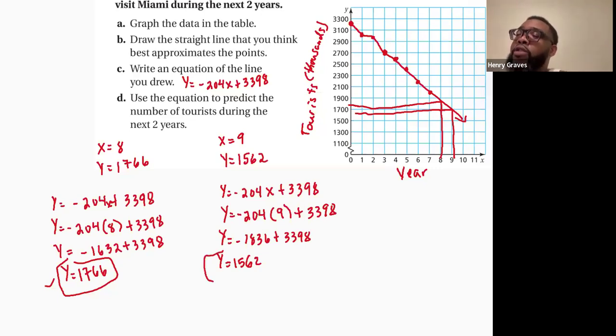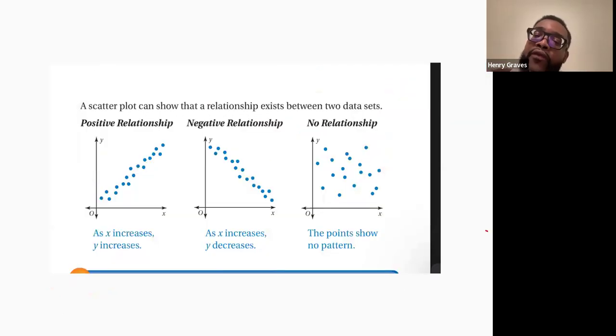Now on the third page, I have a few notes about when something's increasing. If x is increasing, as you can see, this is going to go up, and when it's decreasing, x is going down. That's a negative relationship, and no relationship also means there's no association. Let me write these as no association because I need to introduce you to that vocabulary word.